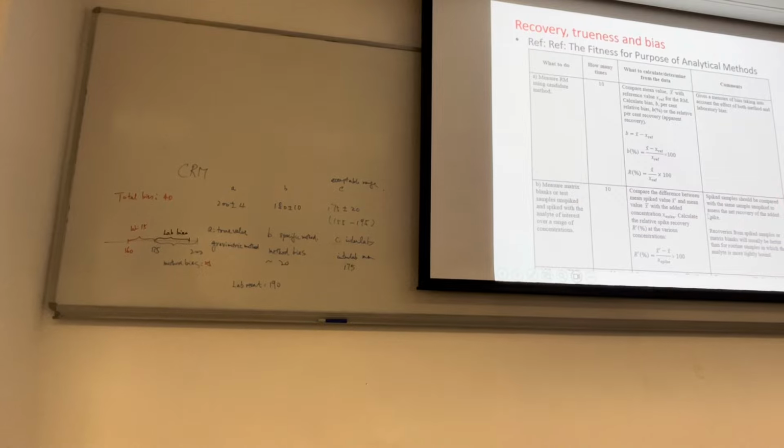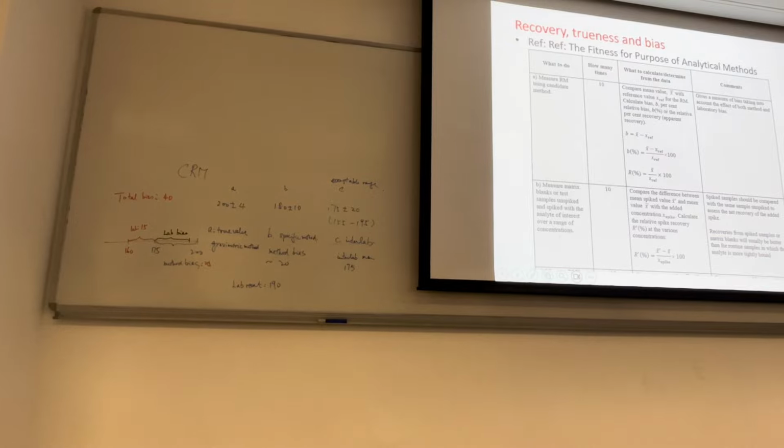Now, what is suggested within the EURACHEM guide? Measure RM using the candidate method for 10 times. That means you carry out the CRM for 10 times and calculate the recovery.